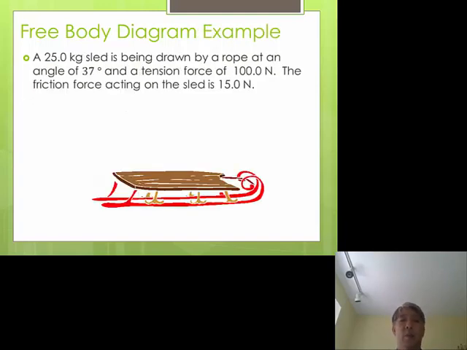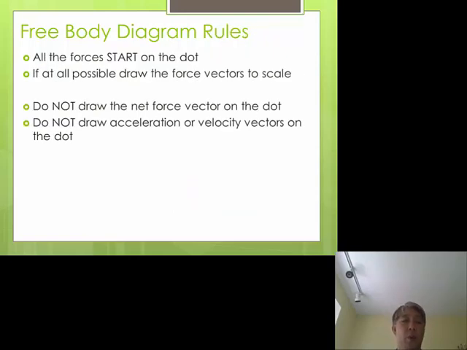So let's look at an example. I have a 25 kilogram sled. It's being drawn by a rope at an angle of 37 degrees and a tension force of 100 newtons. And the friction force acting on the sled is 15 newtons. So a couple of rules when it comes to free body diagrams. All of the forces start on the dot.